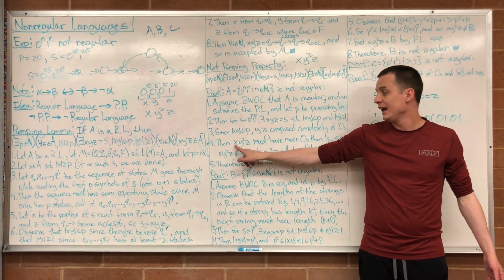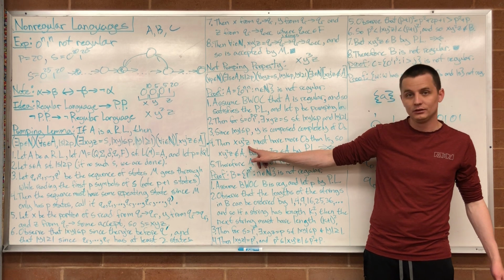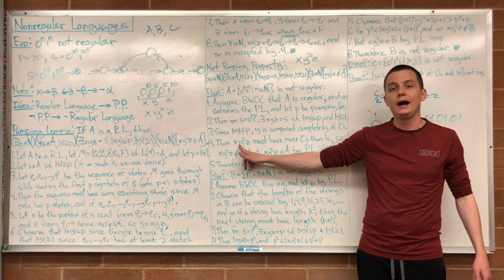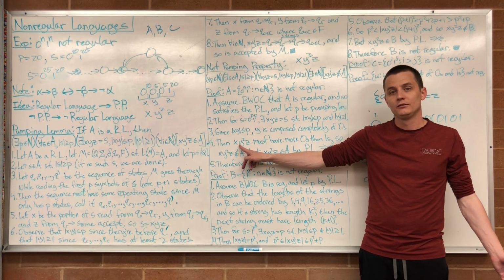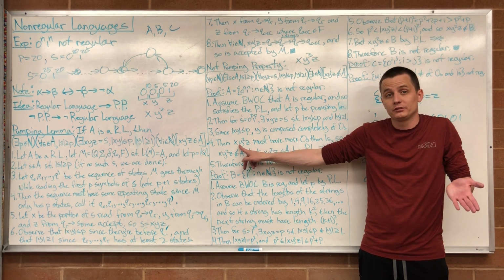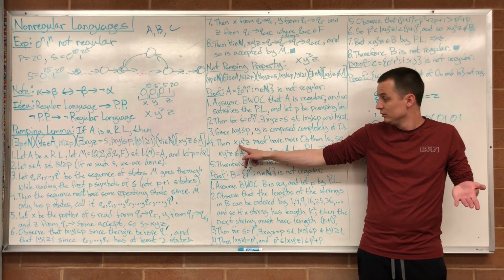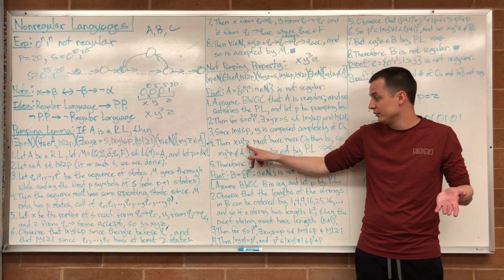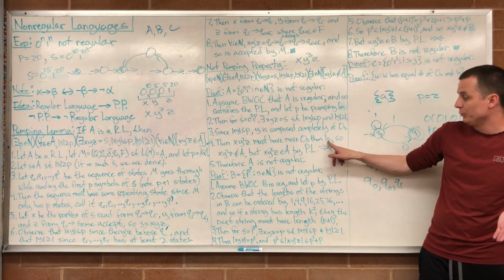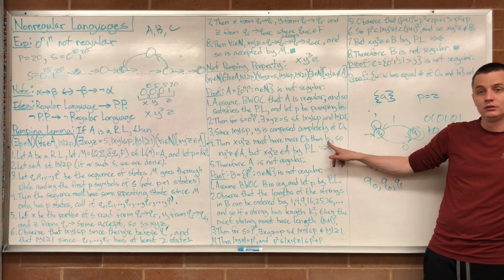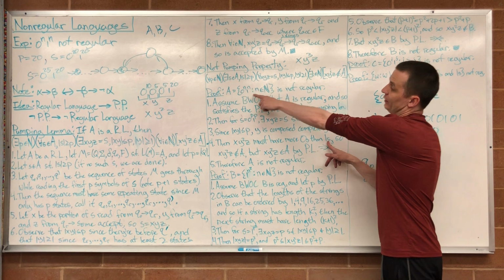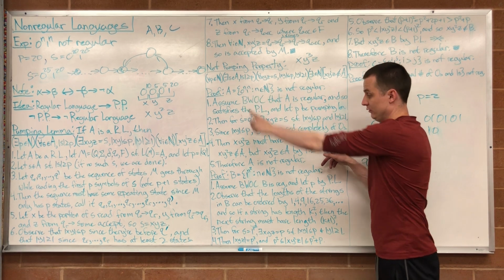So then x y squared z: if I add another y, what did I do? I added more zeros, at least one more. I added at least one 0 if I double the y's, right? So then x y squared z must now have more zeros than ones. Notice the language that we're talking about is equal zeros and ones.